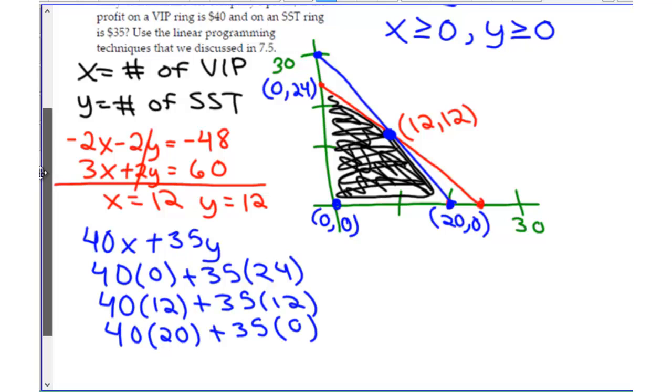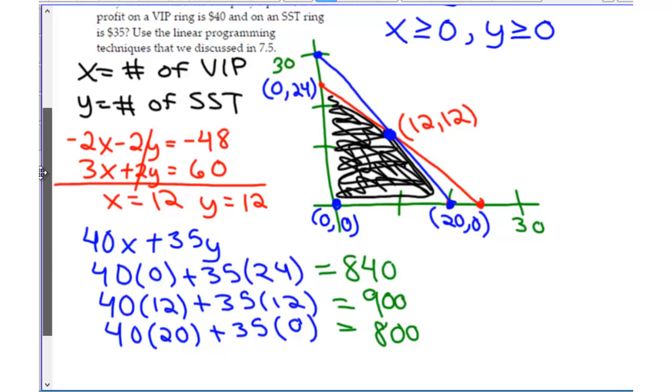And we could plug in 0, 0 as well, but hopefully we all know that that's going to give us 0, which is not going to be the right answer. And 35 times 24. Okay. 40 times 12 plus 35 times 12? 900. And then this last one should just be 800.